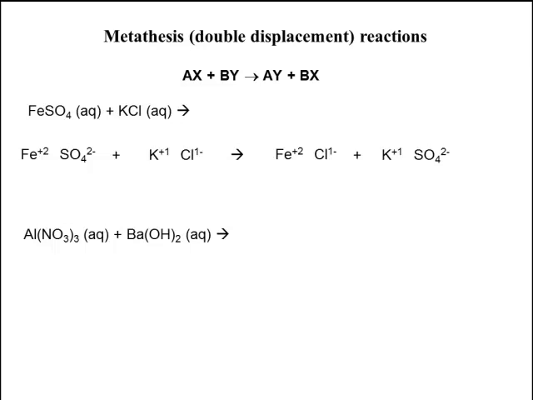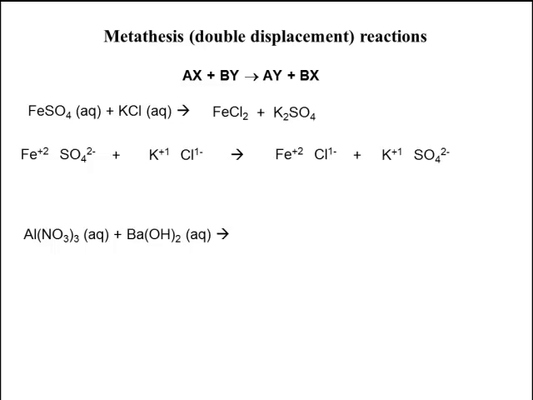But I have to make sure it's balanced based upon those charges. Once I've done that, then I could go through and balance this equation. And once again, I'm not worried about that right now. All I'm worried about is predicting those products.